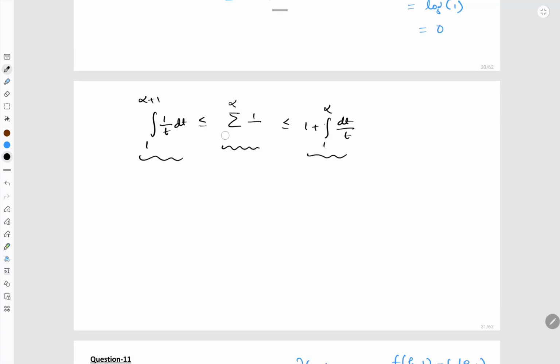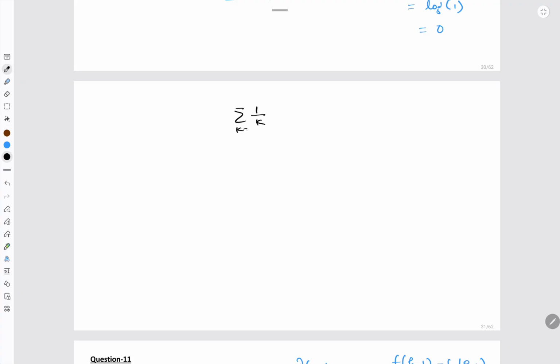If we do so, we know that I can rewrite this thing again as sigma 1 by k, k equal to 1 to n, lies between the integral of dk by k from 1 to n, outside there is 1, and it lies between the integral of dk by k from 1 to n plus 1.